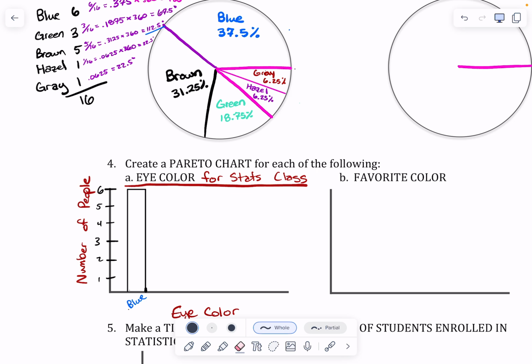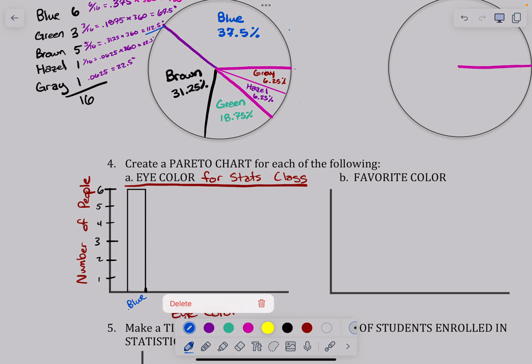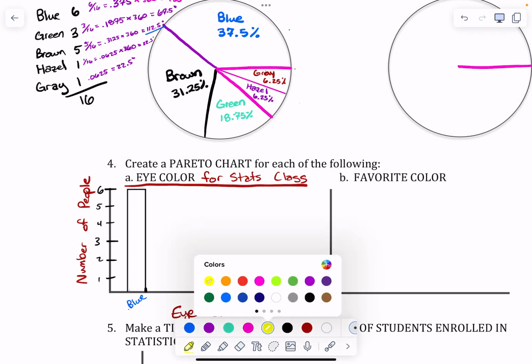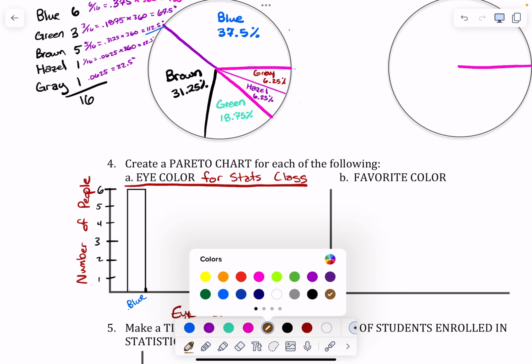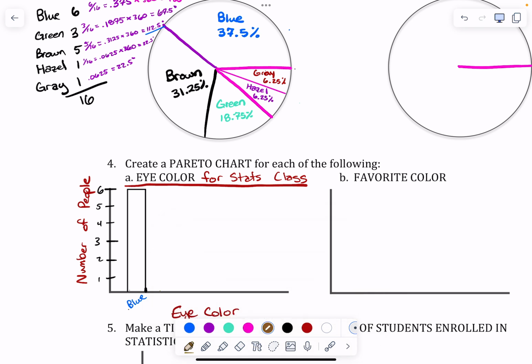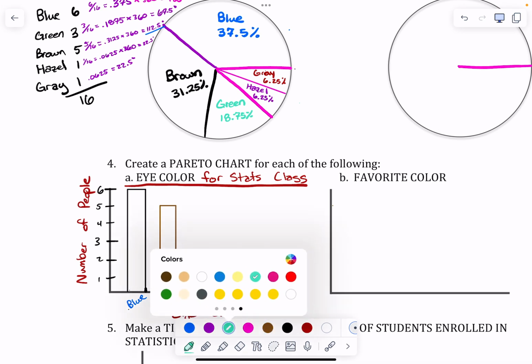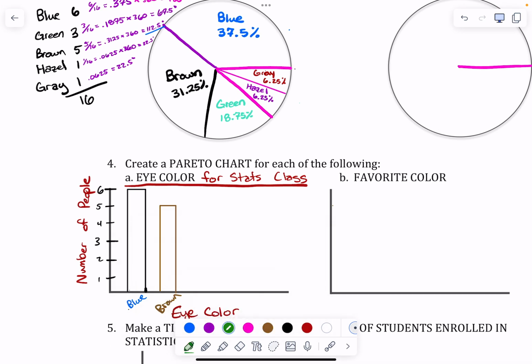Okay, brown is 5. Next, green. And green is 3.